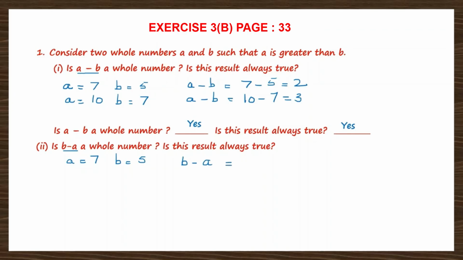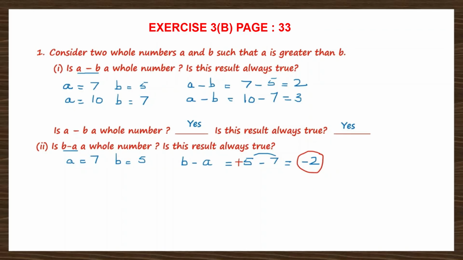So let's see, b is 5 minus a is 7. Now here the signs are different, isn't it? 5 has a plus sign and 7 has a minus sign. When signs are different, we put the sign of the bigger number and we subtract 7 minus 5, 2. So what have we got now? We've got minus 2, and minus 2 is not a whole number.